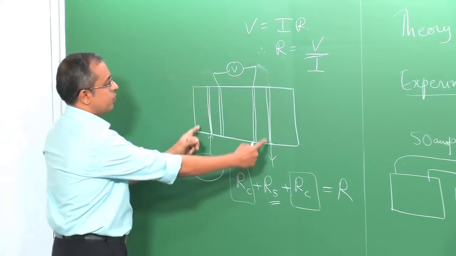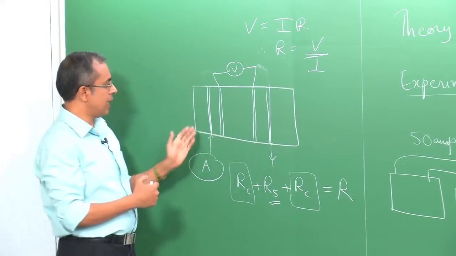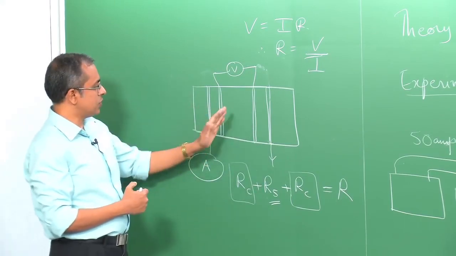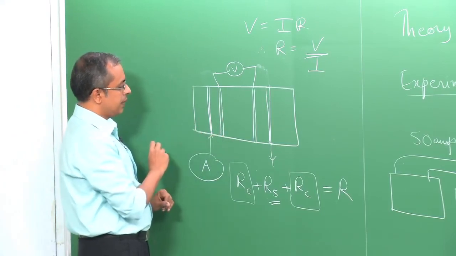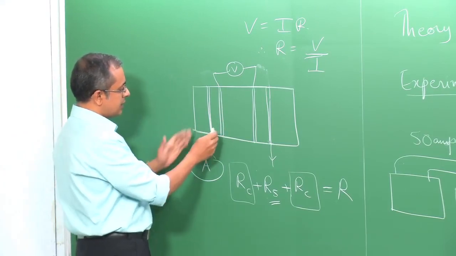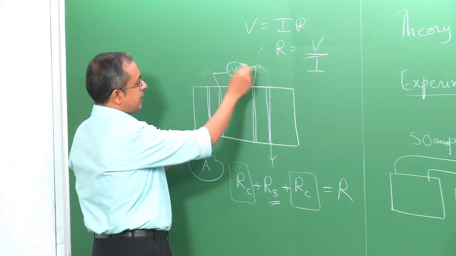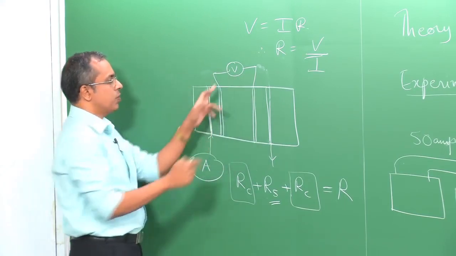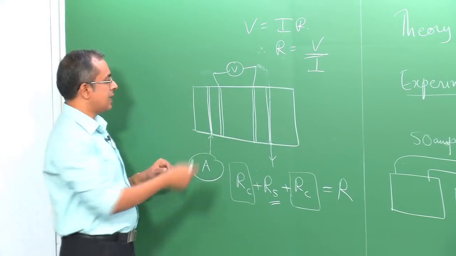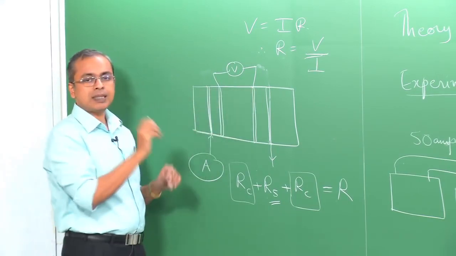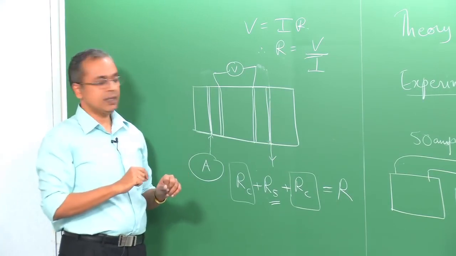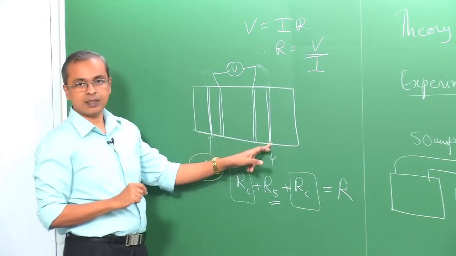The current goes from two outward locations. When you have this situation, you basically avoid the contact resistance problem, because the amount of current going through the voltmeter circuit is negligible, and therefore, technically there is a contact resistance here also, but that contact resistance is extremely tiny relative to the contact resistance that you get here.